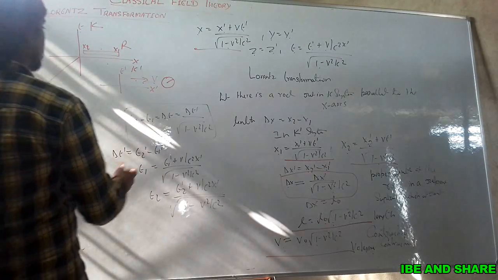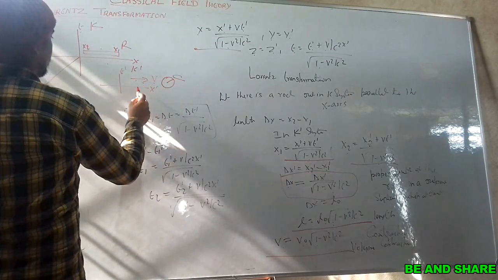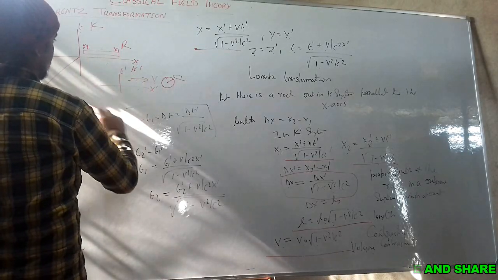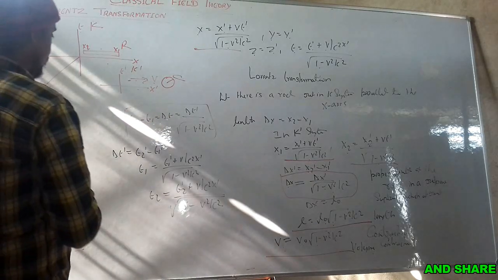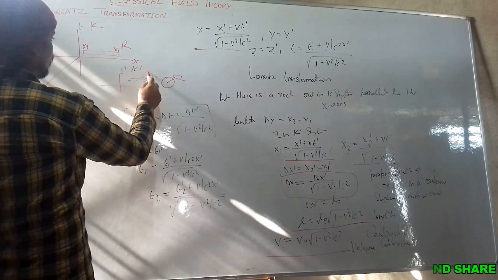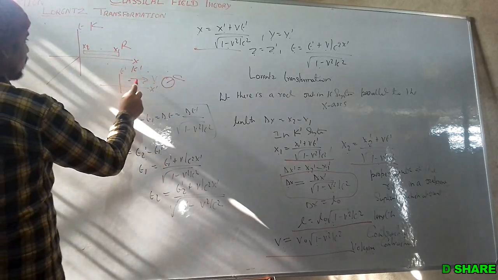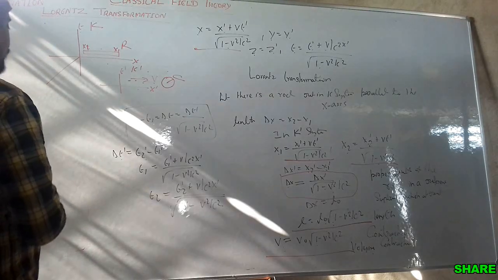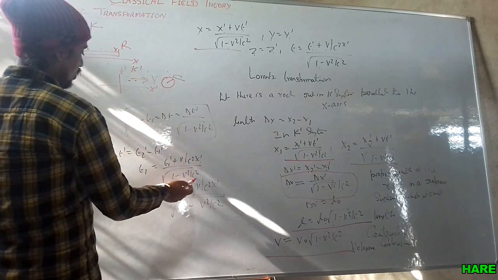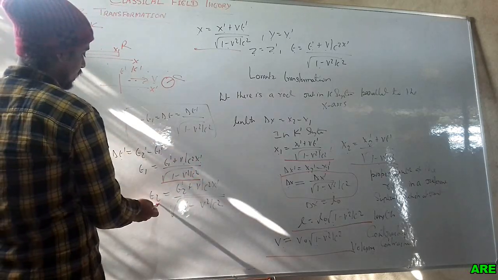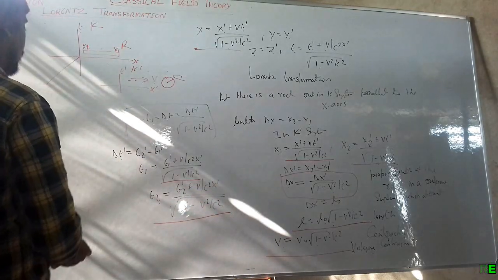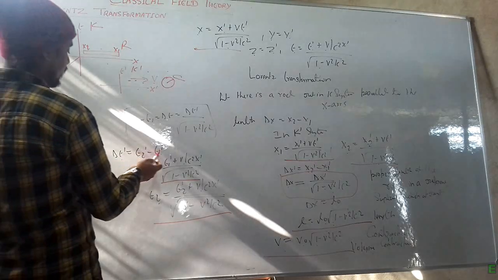Now suppose there is a clock C which is traveling with this moving reference frame. It means in the moving reference frame the clock is at rest. So delta t dash is equal to t2 dash minus t1 dash, two points registered by the clock in this moving frame. t1 can be written as t1 dash plus v by c² x dash divided by root 1 minus v² by c², and t2 can be written as t2 dash plus v by c² x dash divided by root 1 minus v² by c².